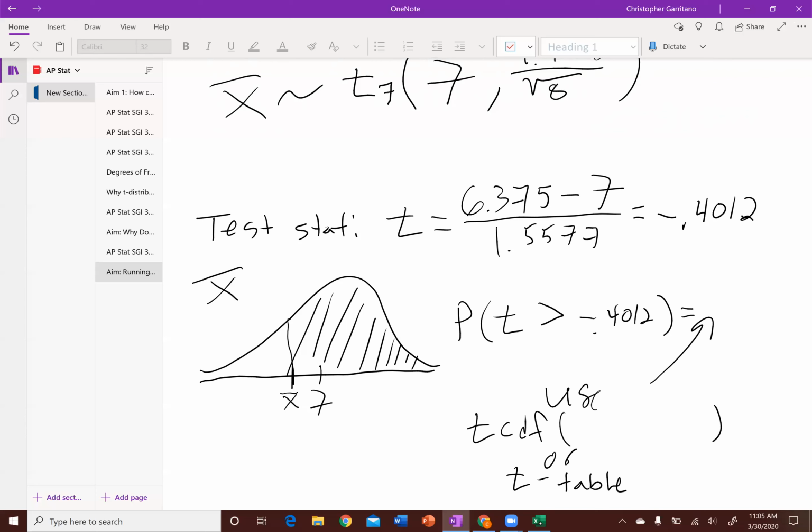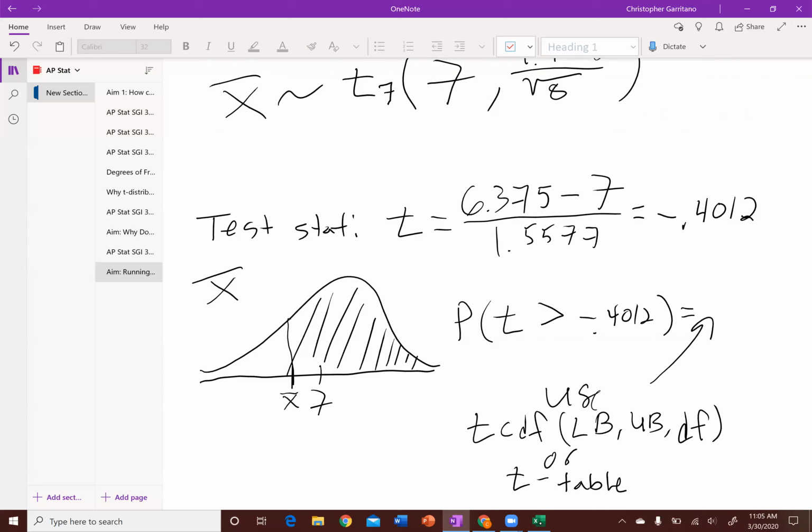So for TCDF, you enter the lower bound in terms of a t-test statistic. You enter the upper bound in terms of a t-test stat, and you enter your degrees of freedom.